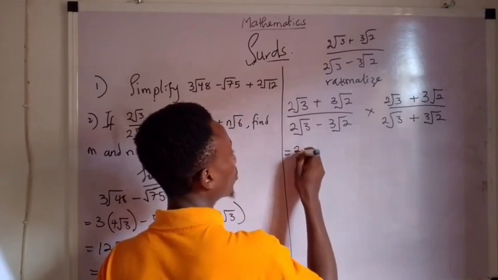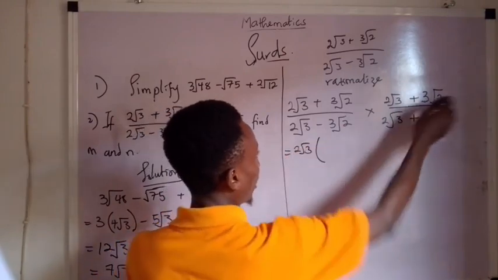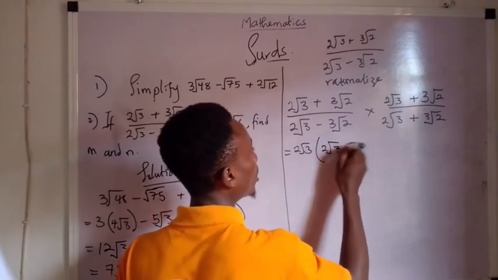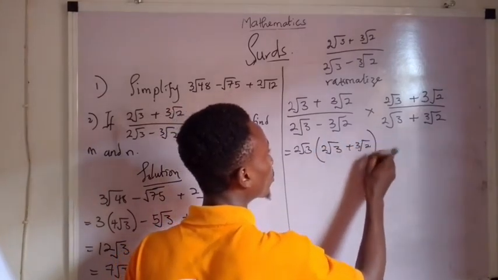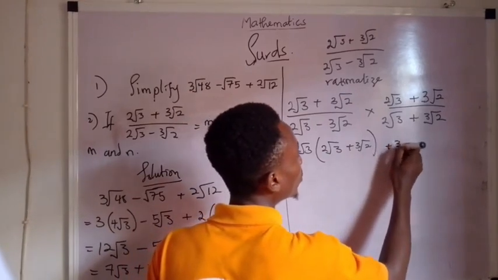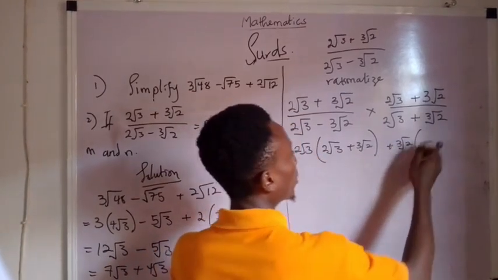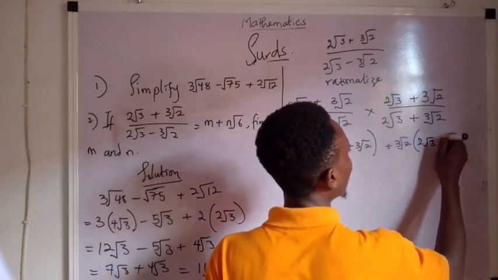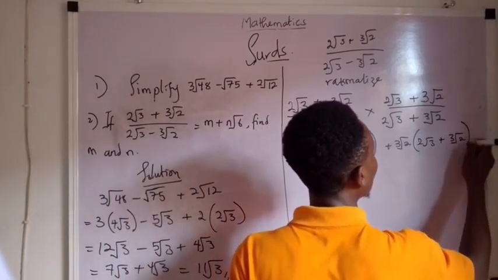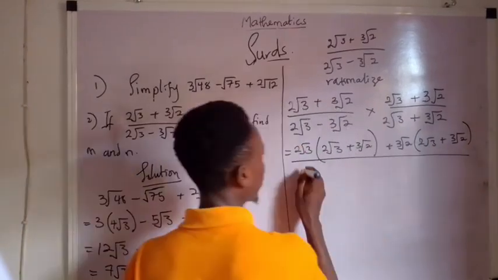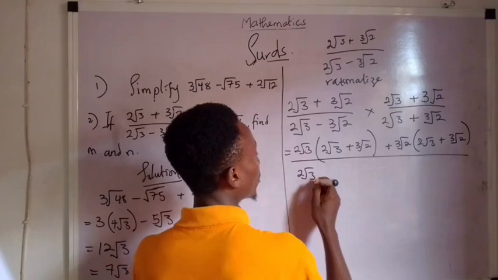We take this one to multiply this one. You have 2 root 3, open brackets, 2 root 3 plus 3 root 2, plus 3 root 2, open brackets, 2 root 3 plus 3 root 2, over 2 root 3.